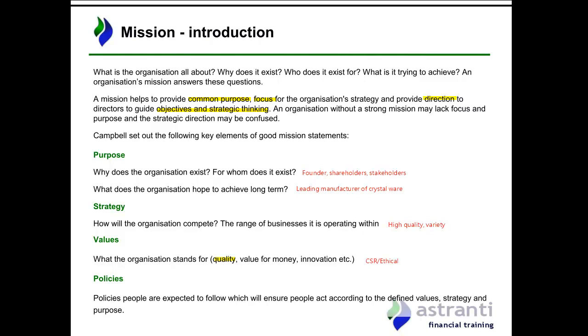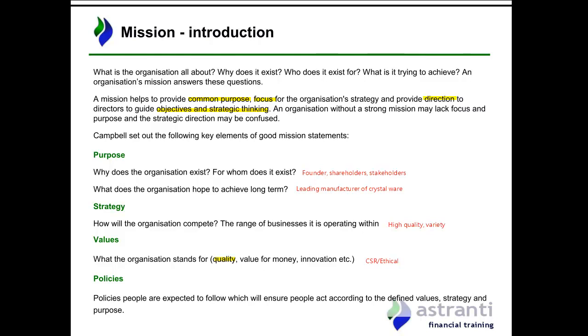Okay, and then we move on to policies, and these are the way essentially that the values are instantiated. So what actually is the company doing to make sure that they're staying true to their values? And I guess in that case, we're saying that they are an above minimum wage employer. They are concerned about the environment. They do tree planting schemes. They recycle water in the manufacturing process.